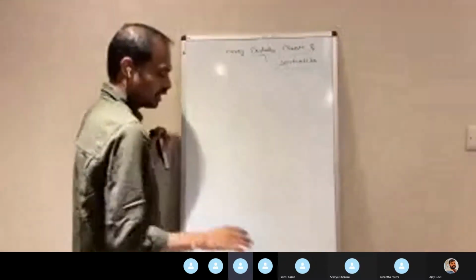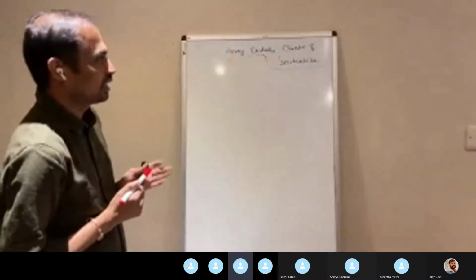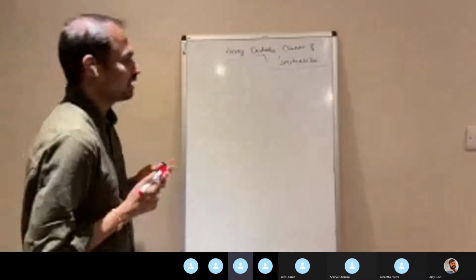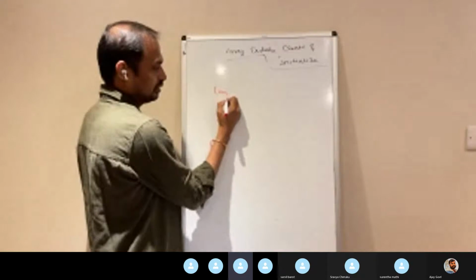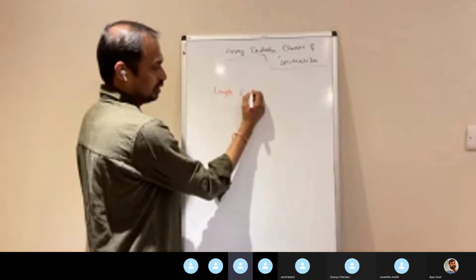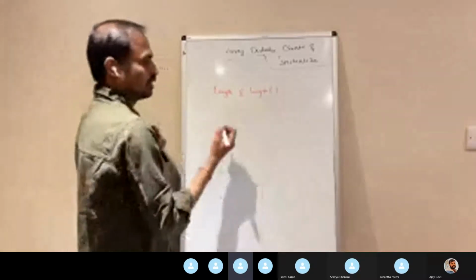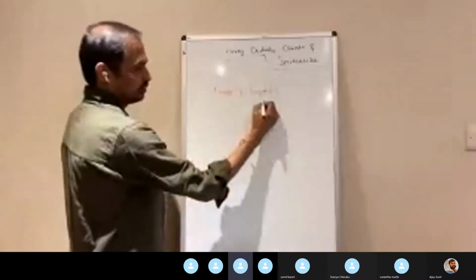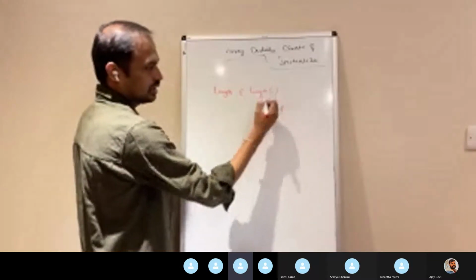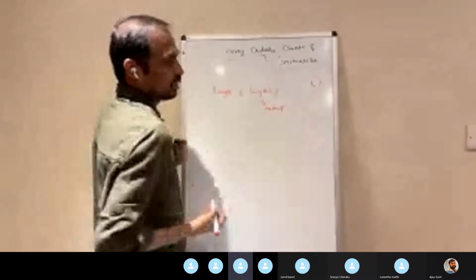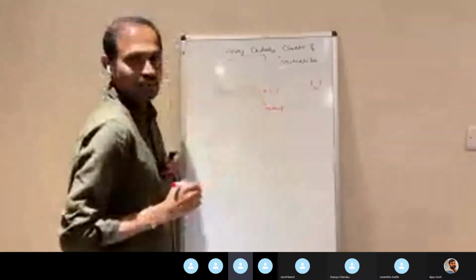So this is about array declare, create, and initialize, where we declare, create, and initialize in a single line. Now the next one is length and length(). This is a method, if you have brackets, like this, we call it a method.